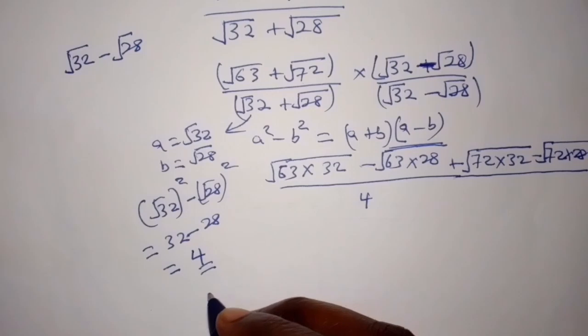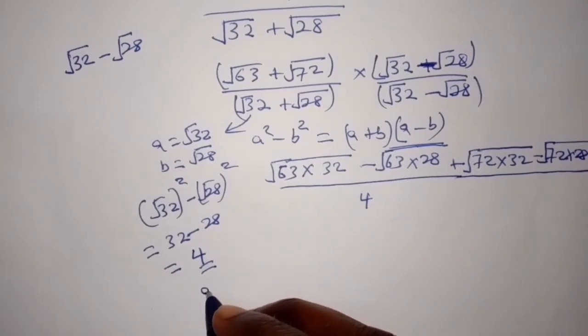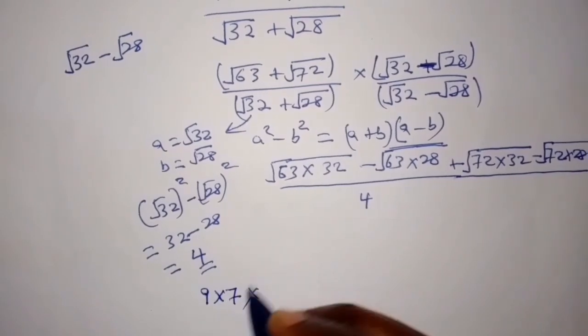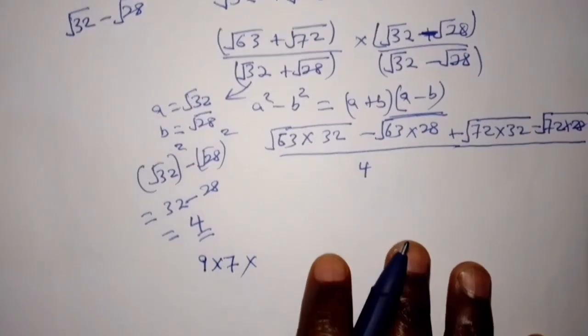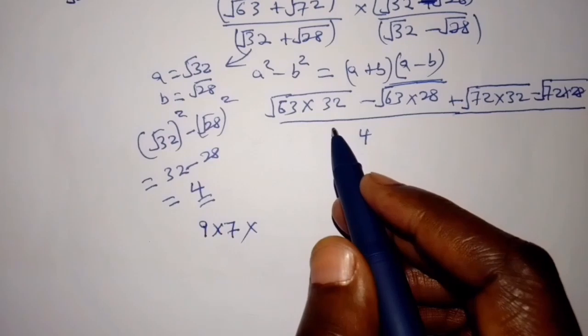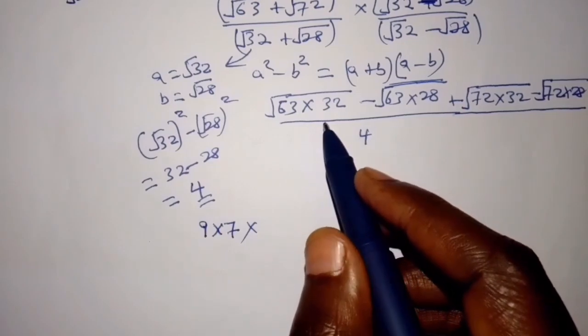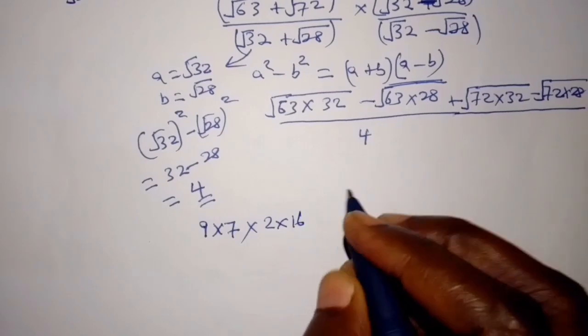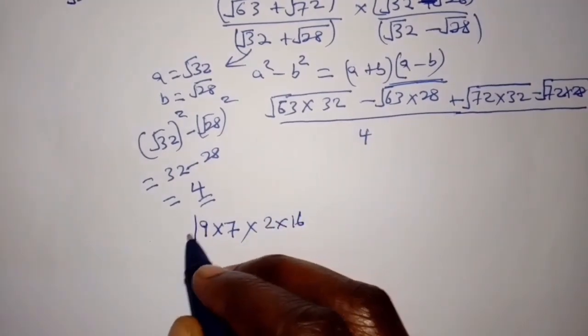Factors of 63 is 9. 63 is 9 times 7. Factors of 32. 32 is 2 times 16.